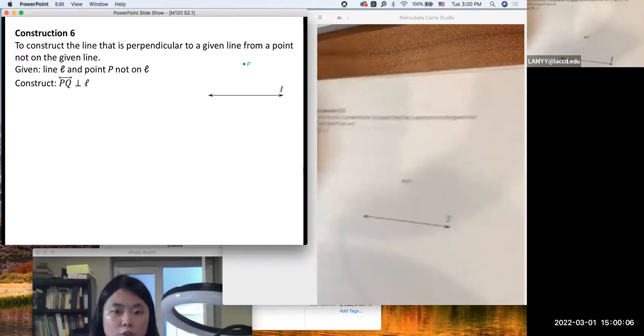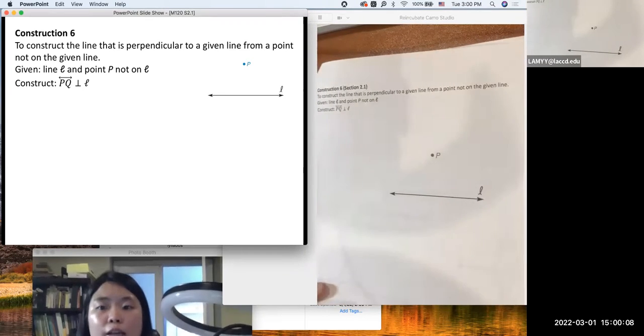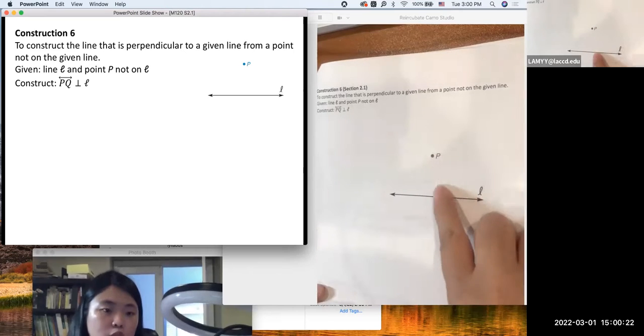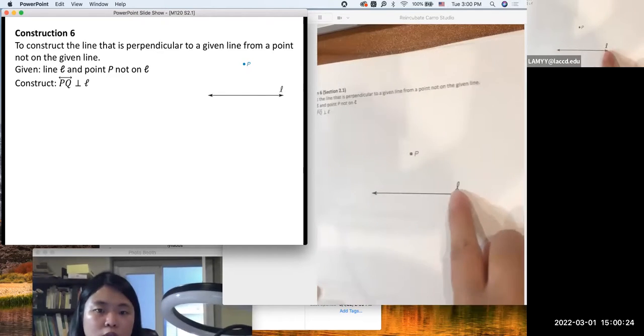Construct a line that is perpendicular to a given line from a point not on the given line. So we want to construct the line PQ perpendicular to L. So we want to draw the straight line here perpendicular to L.